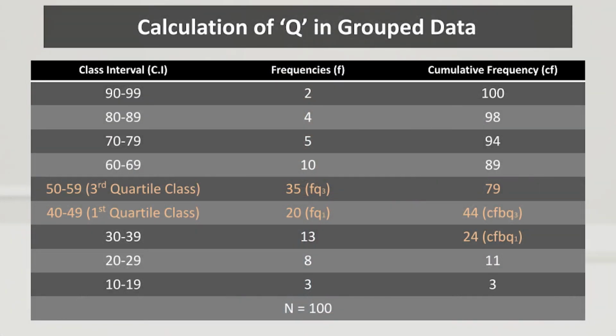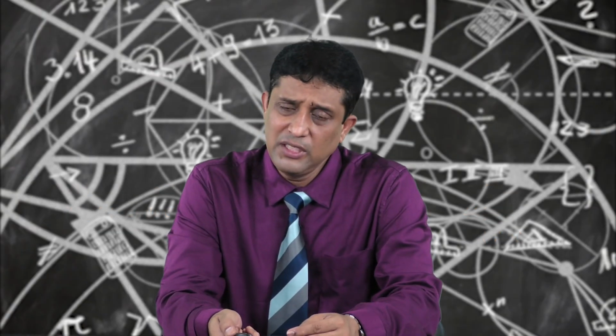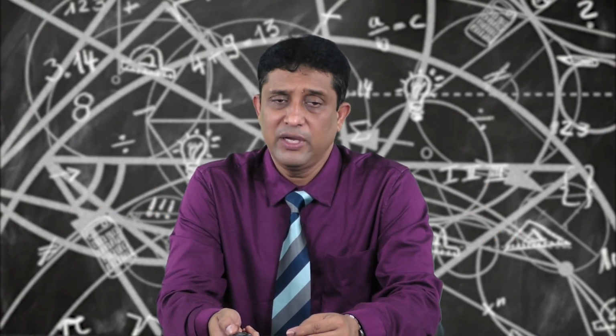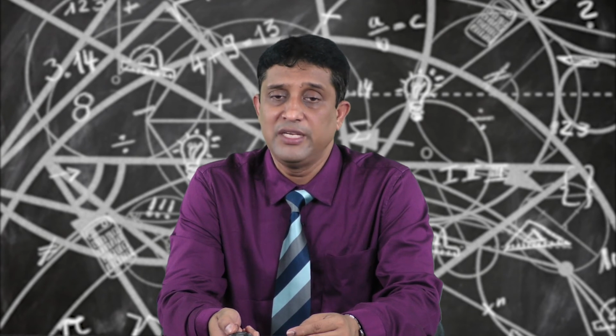Then for 20 to 29, the frequency will be added cumulatively, 3 plus 8 is 11. Then for 30 to 39, 3 plus 8 plus 13 is 24. Then 24 plus 20 is 44. 44 plus 35 is 79. So accordingly, the frequencies will increase cumulatively.